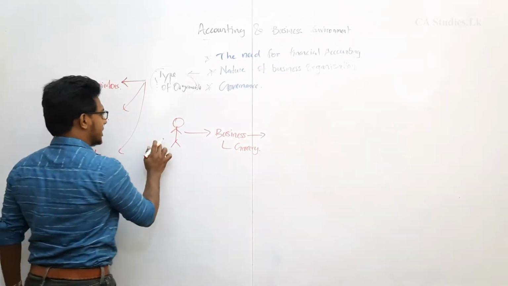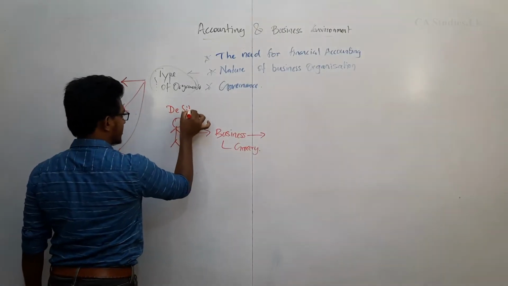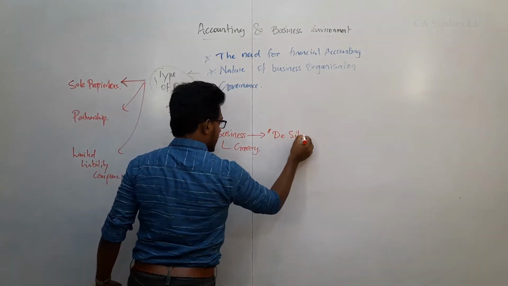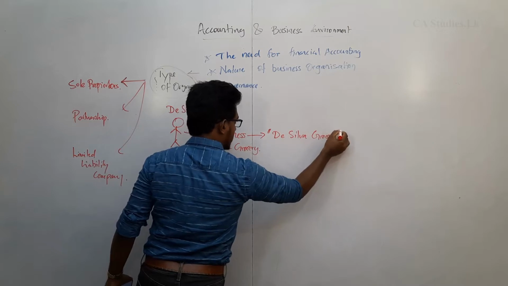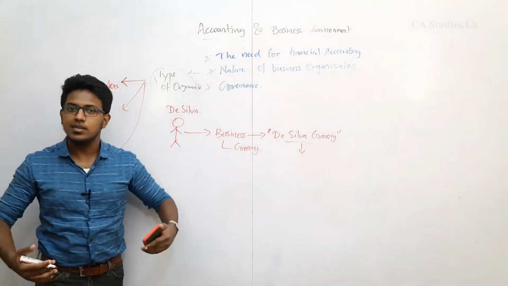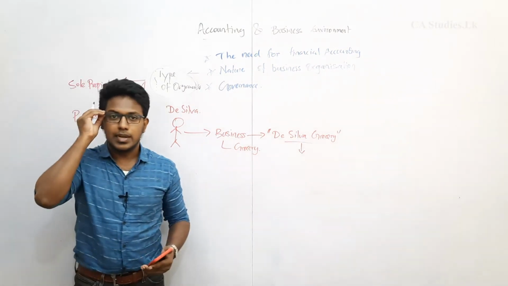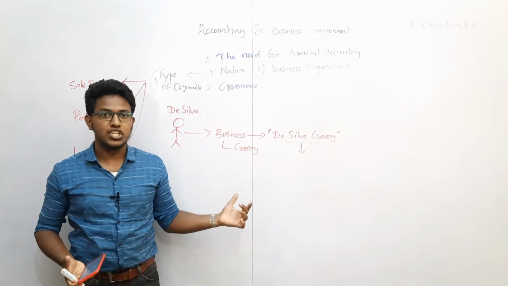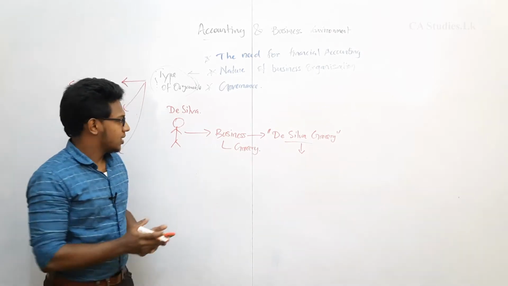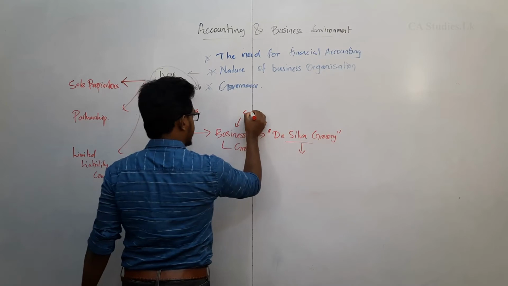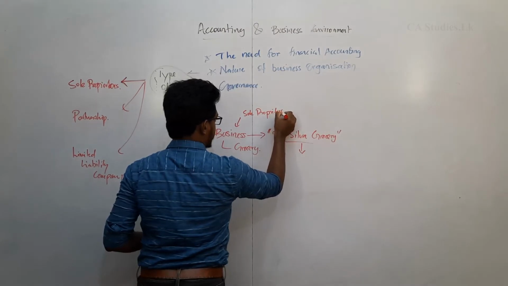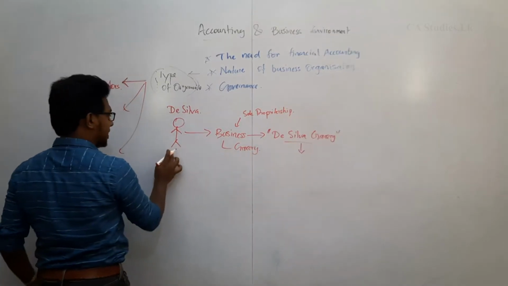For example, say this person's name is D Silva. So this business name is also D Silva Grocery. This should not be registered. If you want to register, you can, but it is not mandatory to register a sole proprietorship which is run under the owner's name. So this is called sole proprietorship, and this person is called a sole proprietor.